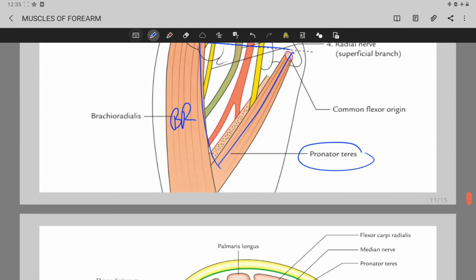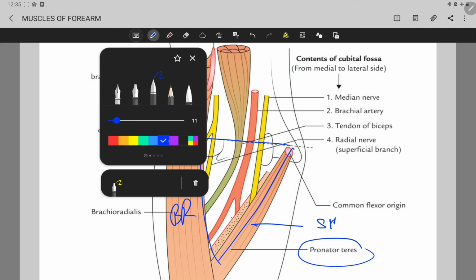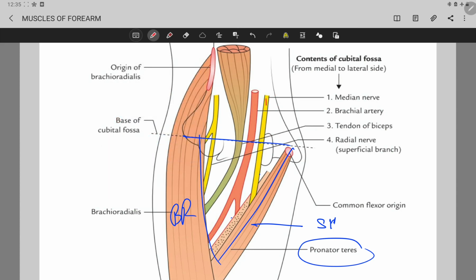In the cubital fossa, here you can see the pronator teres. The pronator teres has one superficial head and one deep head, and you can see the median nerve here. This median nerve is passing in between the two heads of the pronator teres, and then entering the anterior compartment of the forearm.